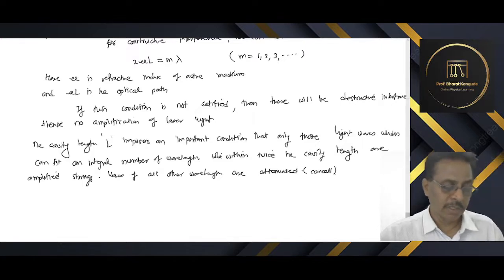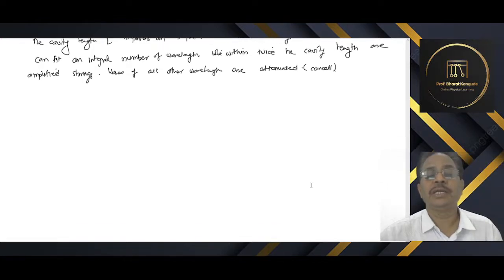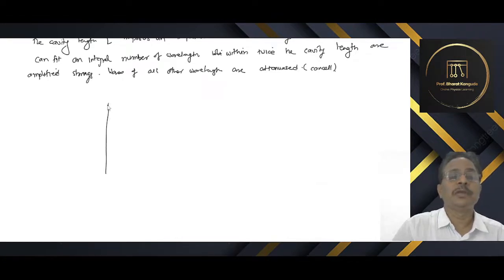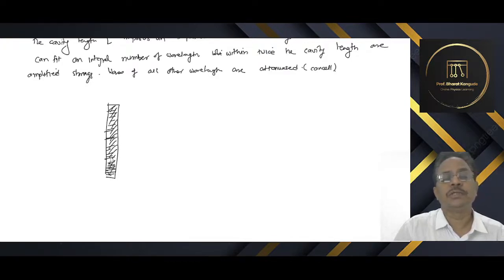Therefore we can draw one such diagram here that makes this particular thing clear. So this is one mirror. As I said, this is a thick mirror which has 100% reflectivity and no transmission, that's why it is shown dark like this.